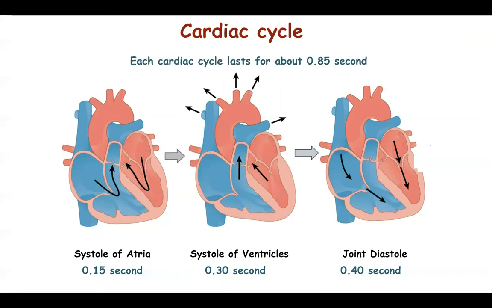So your heart as a muscle does not relax for a long period of time. In between every heartbeat, the heart gets this 0.40 second for relaxation. Otherwise, your heart keeps on pumping blood 24/7. That means 24 hours in 7 days. The heart does not relax.